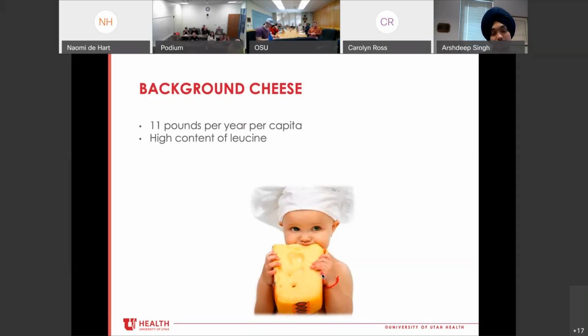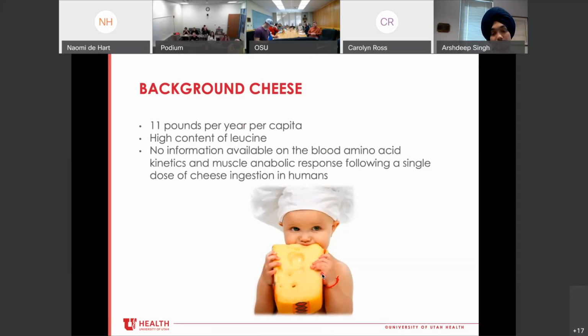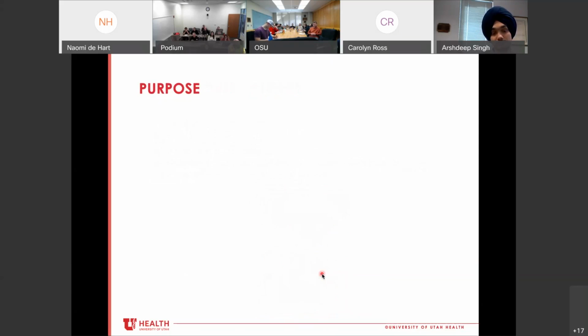About 10% of its total protein content is leucine. But surprisingly, there is not a whole lot of information on the blood amino acid kinetics, nor on the muscle anabolic response following a single dose of cheddar cheese in humans. This brings us to the purpose of the study.